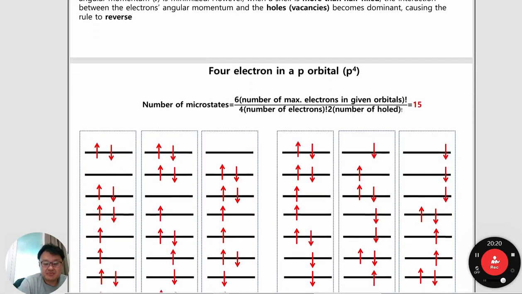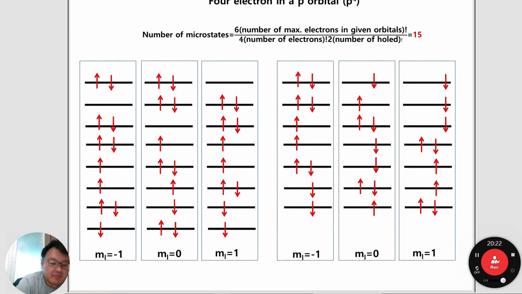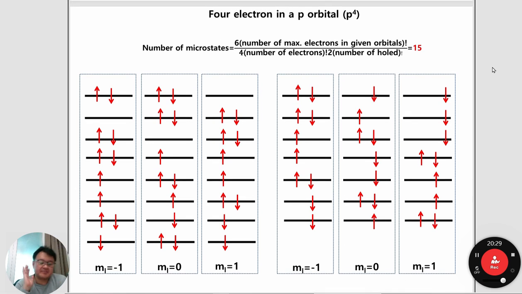Now we go to a second example, a little bit more complex, where we have 4 electrons. Basically, we have more microstates than in the previous situation, and you have more term symbols, more states, more energy levels.